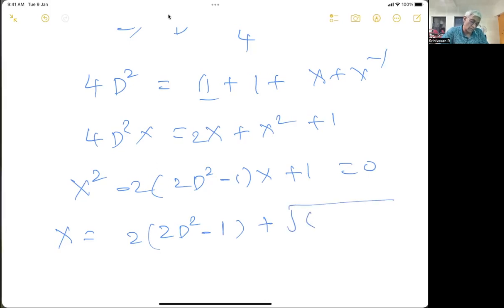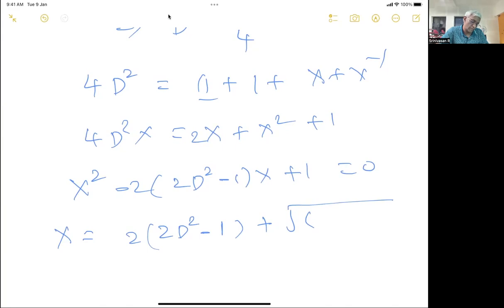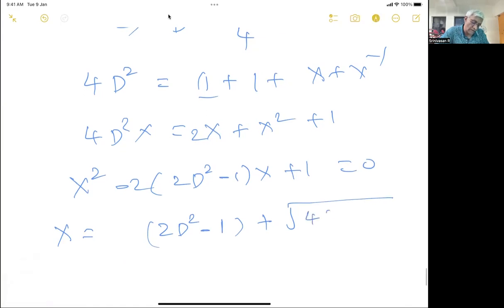b square is 4. So there is a 4 which I take out, and I forget this 2. So which is just going to be 4d square plus 1 minus 4d and minus 1, minus 4.